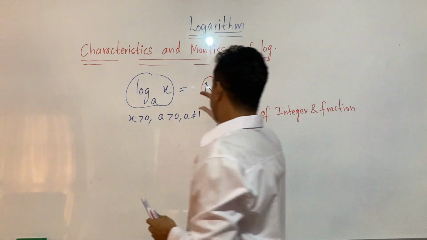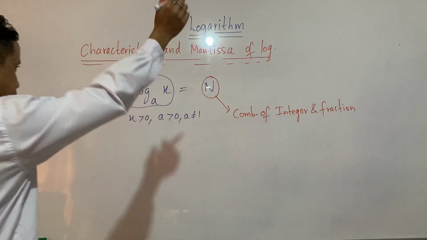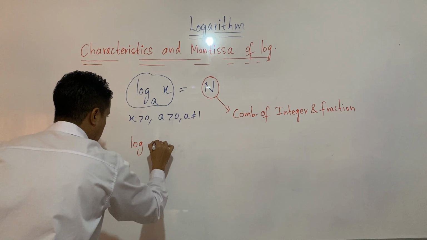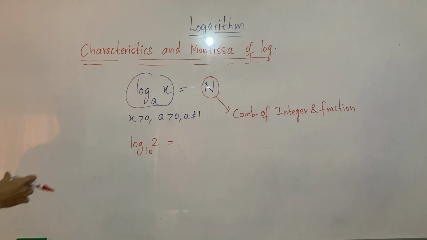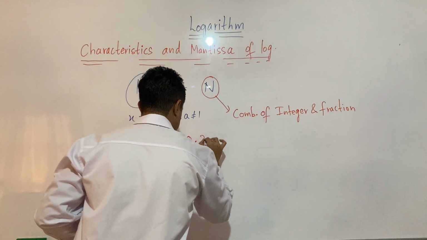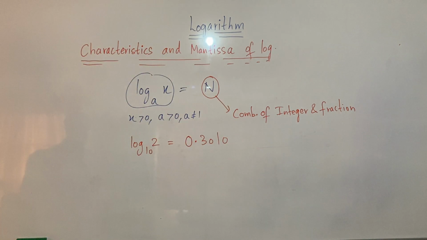Okay, so for example, what I'm saying here is log of 2 to the base 10. If we do log of 2 to the base 10, the value is 0.3010, right?